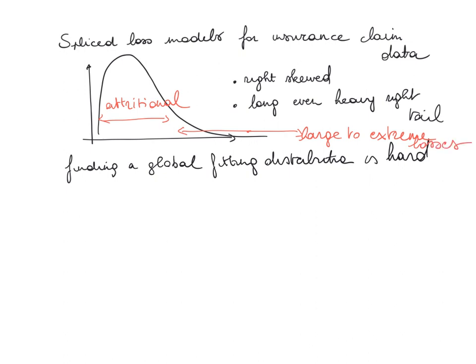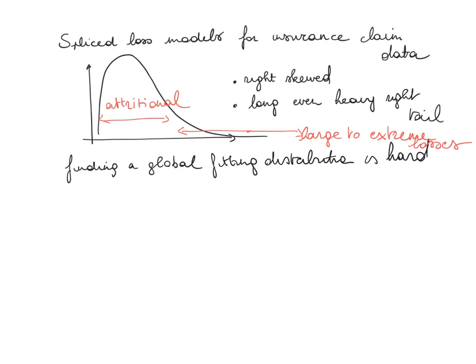So if our goal is to put together a distribution that is capable of fitting these two phenomena, so both the small to attritional losses as well as the large to extreme losses, then splicing comes into play, and splicing is a nice way to glue together different distributions in order to construct such a global fit, right?